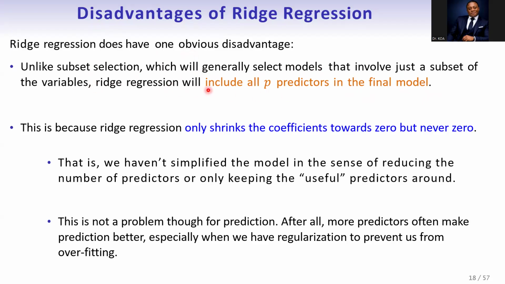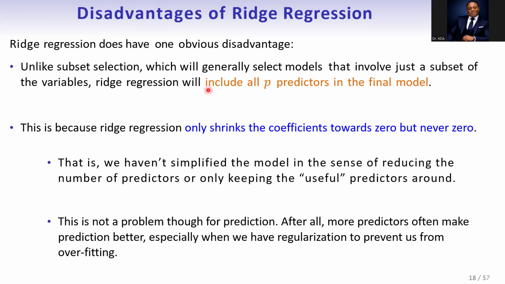Everything will be included. Why? Because the goal is to shrink the coefficients towards zero, even though never zero. So we are trying to simplify the model in the sense of reducing the number of predictors. Okay. And that is the whole idea.